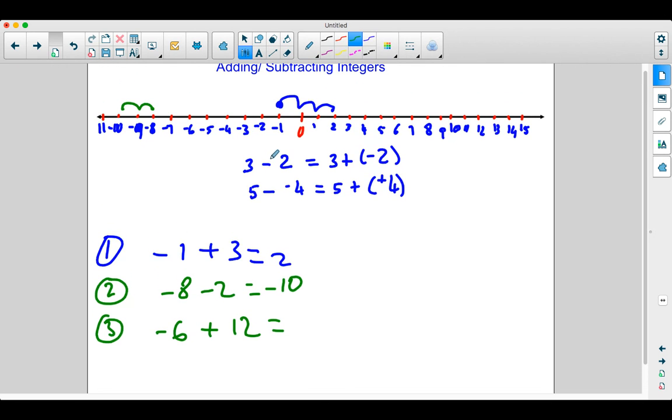So what this means is that I'm starting at negative 6, and I'm going 12 in the positive direction. So that would be 1, 2, 3, 4, 5, 6, 7, 8, 9, 10, 11, 12. So I'm going to find myself at positive 6.